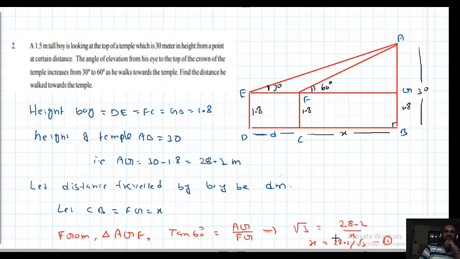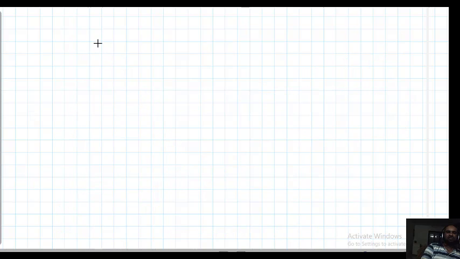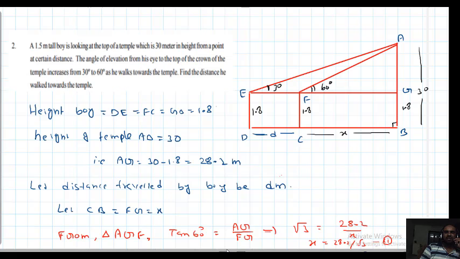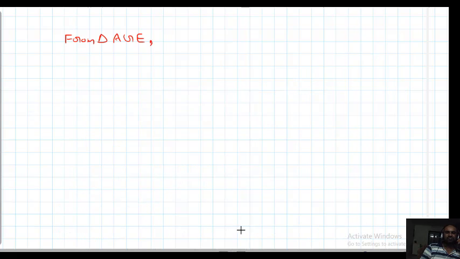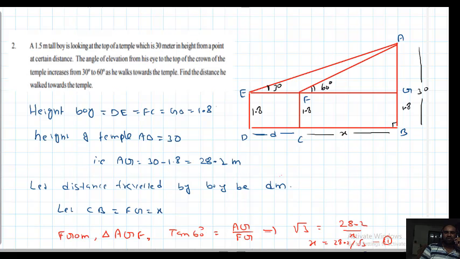Now take triangle AGE. From triangle AGE, tan 30 equal to AG by EG.